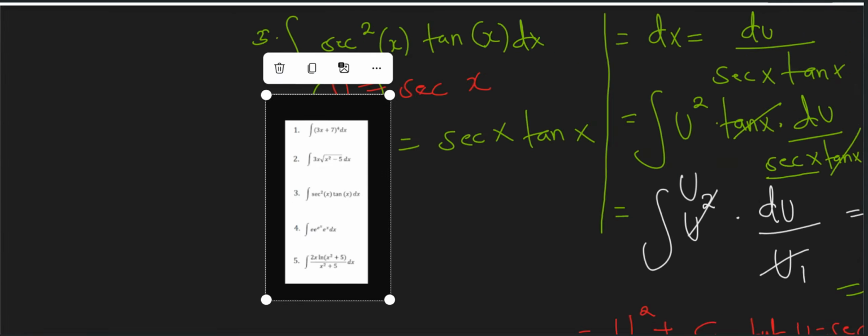Feel free to pause the video, then do the question. Let me just zoom out so you can get to see the question. Try to solve number 4 and 5 and let me know what you get as your answer in the comment section. If I see there's a challenge, then I'll solve the question and get back and provide the answer.